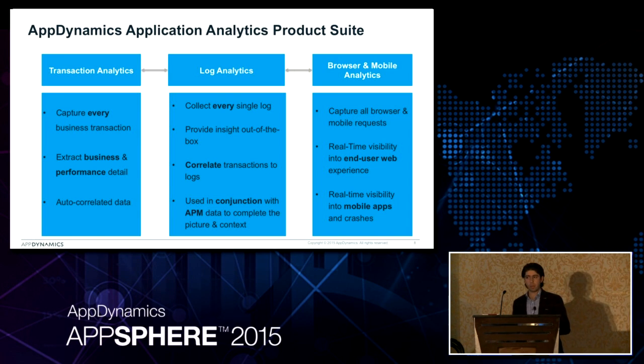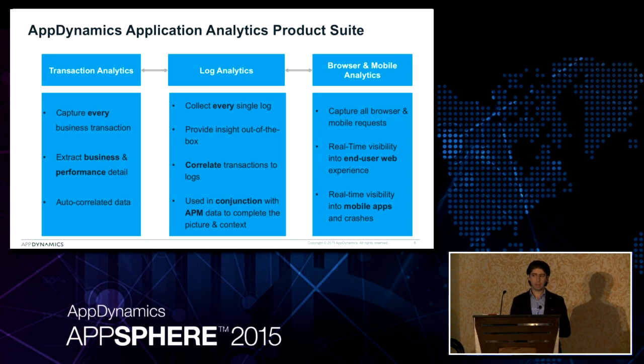We are offering 3 main products under application analytics. Product number 1 is called transaction analytics. We capture every single business transaction, and we extract business and performance data from those BTs. We are also offering a log analytics solution. We collect every single log and correlate transactions to logs.